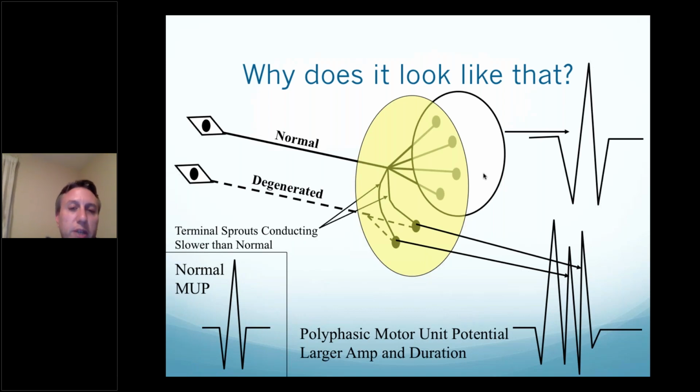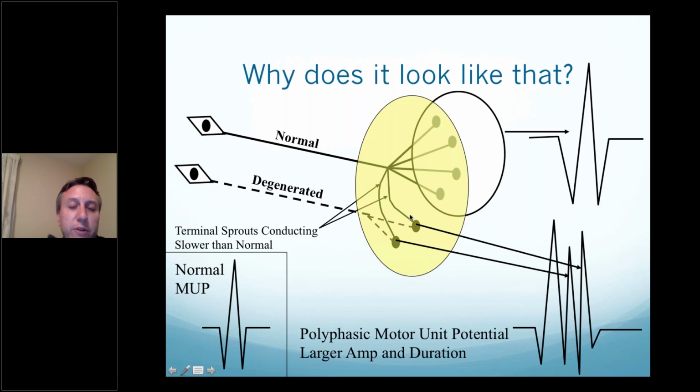On normal conditions, all those muscle fibers will fire or depolarize at the same time because they're all coming from the same axon. So if you look at the top picture here, we see that this axon had 4 muscle fibers connected to it, and when that axon depolarized, it activated all those 4 muscle fibers at the same time, which gives you the shape of that waveform, the height of that waveform.